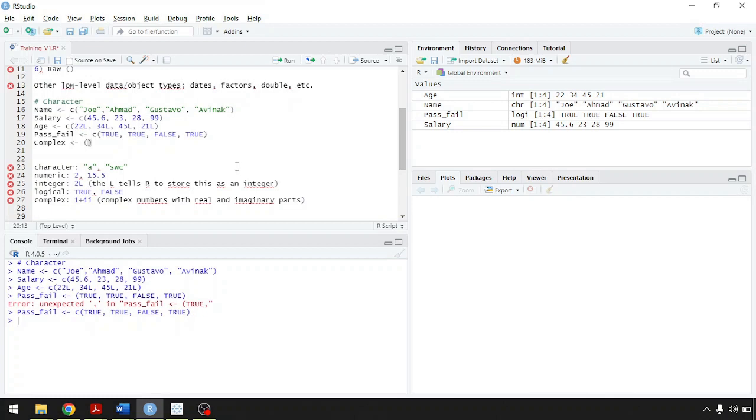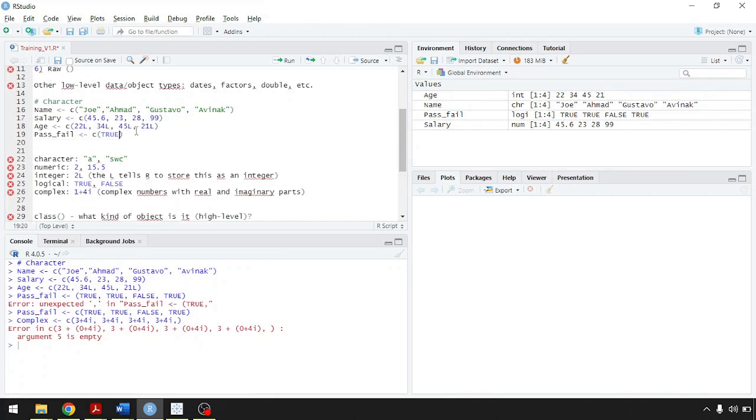But let's say I put 3 plus 4i, and let me just replicate this 3 times. All right, I think I put an extra space there.